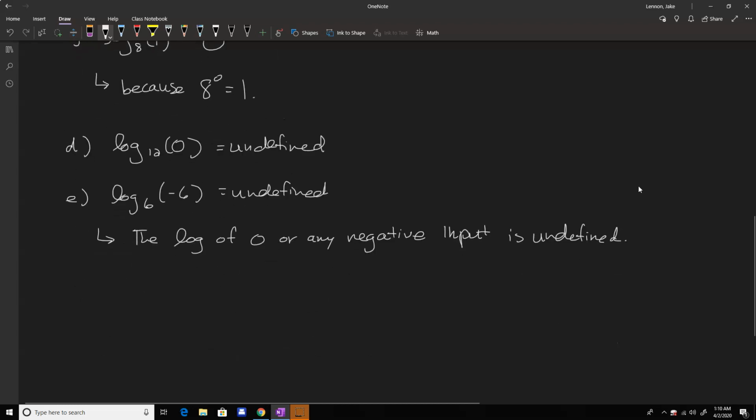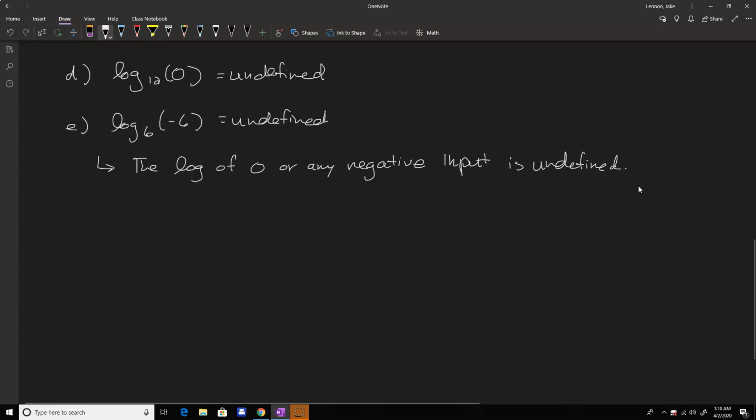Okay, so there's two special logarithms that we have that have their own notation. So what are those logarithms? Well, the first one is the common logarithm.